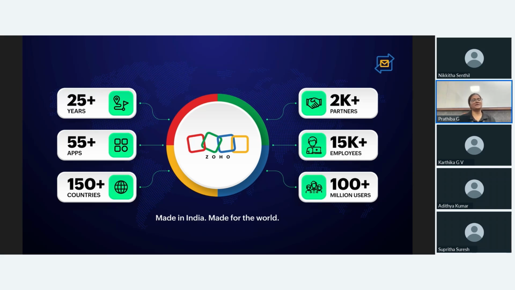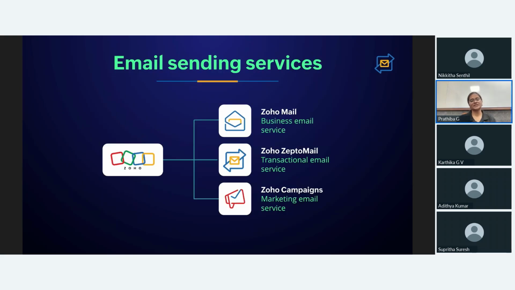Of the 55 plus applications, there are 3 apps that focus on email sending. We have Zoho Mail, which caters to business email solutions, Zoho ZeptoMail, which is a dedicated transactional email sending service, and Zoho Campaigns, which is used for sending marketing emails.